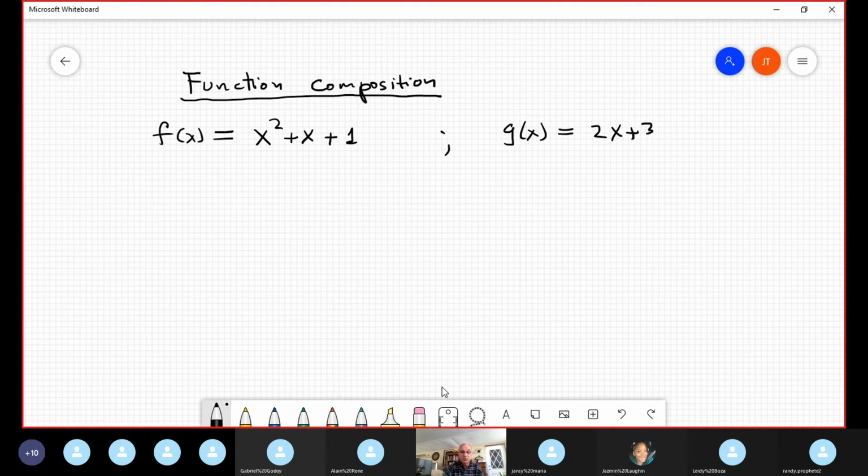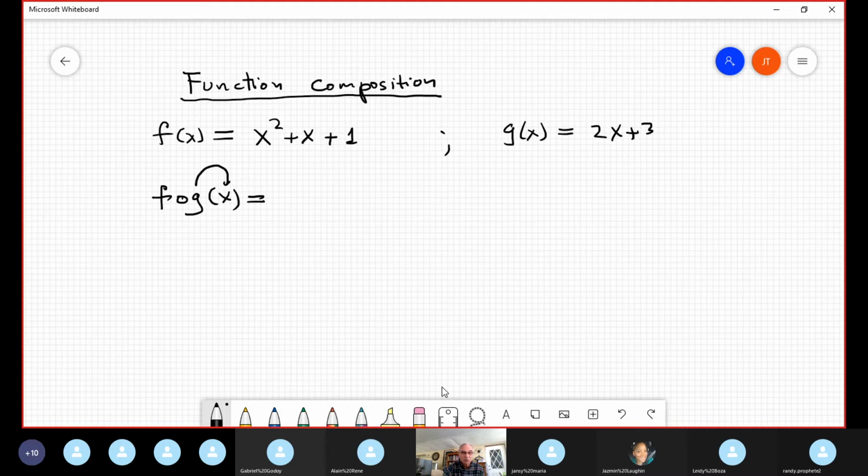I want to form a composition. The special notation that we use for composition is F composition G of x. This is a small circle, like a zero. What does it mean? We have two functions, and the ordering is extremely important. G is the first one. Why is it first?